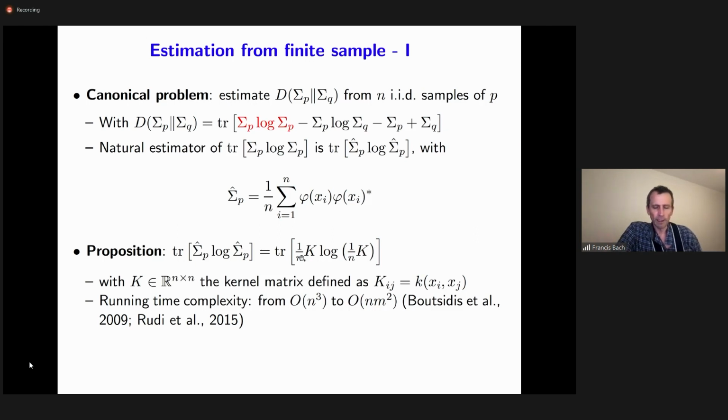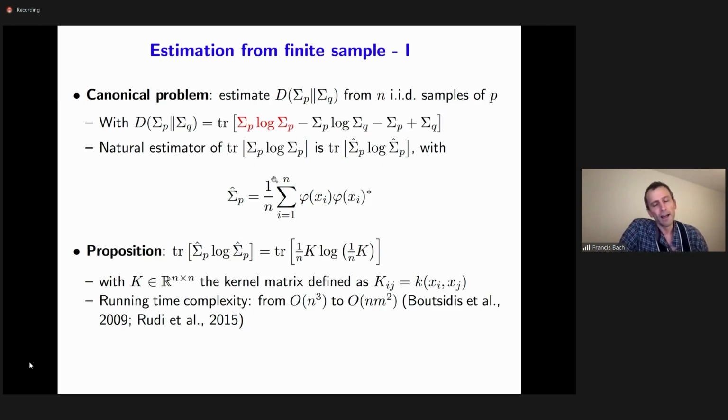So now you simply need to compute the eigenvalues of the kernel matrix and compute that quantity, the sum of lambda log of lambda. It's not fast, it's n cubed, but you can rely on 20 years of algorithms in kernel machines to lower this from cubic to linear in n with various techniques, in particular column sampling.